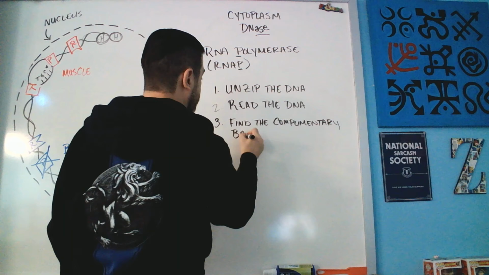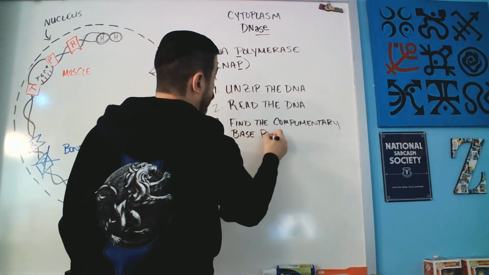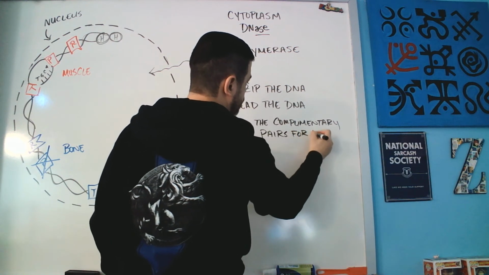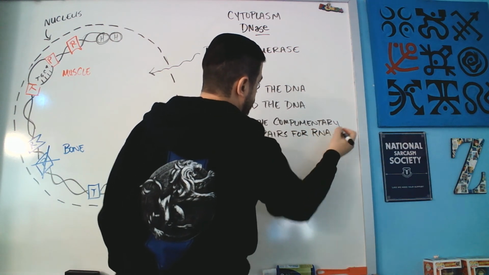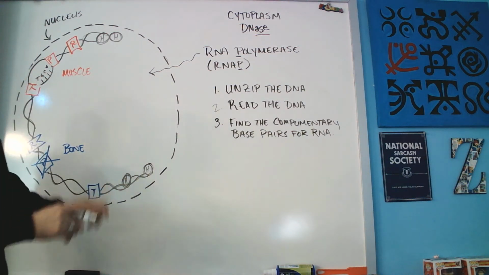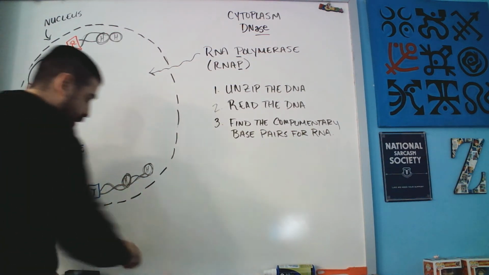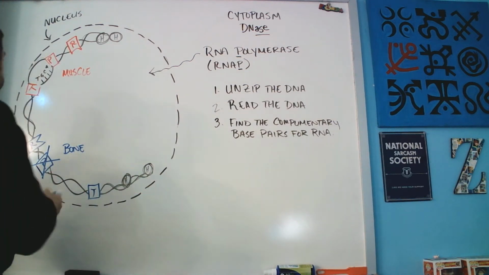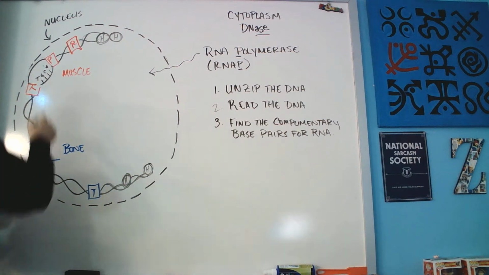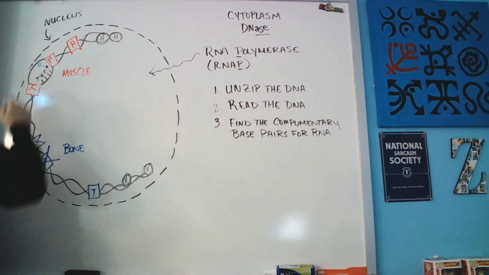All right, so over here, we have A, C, G, and T. We need to find the complementary base pairs, very similar to how we do it with DNA. Anywhere there's an A, we're going to have a U, because RNA is a little bit different than DNA.